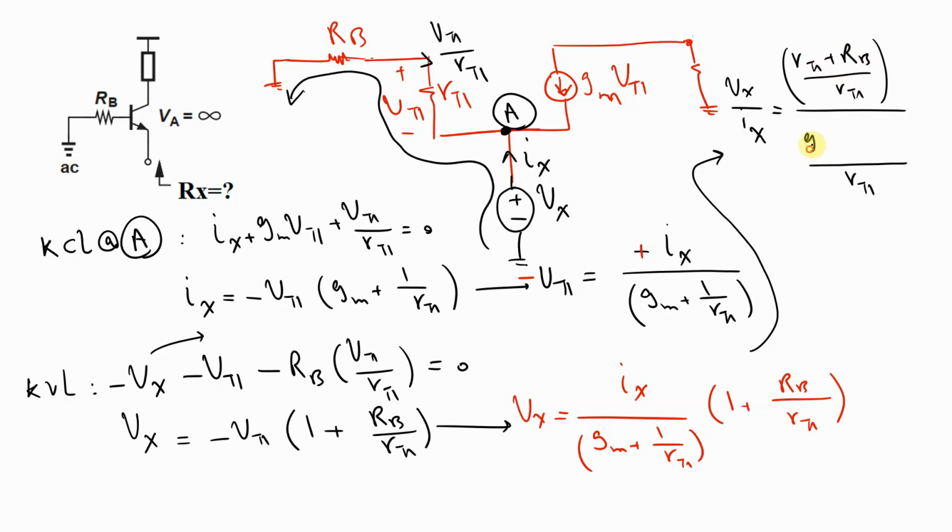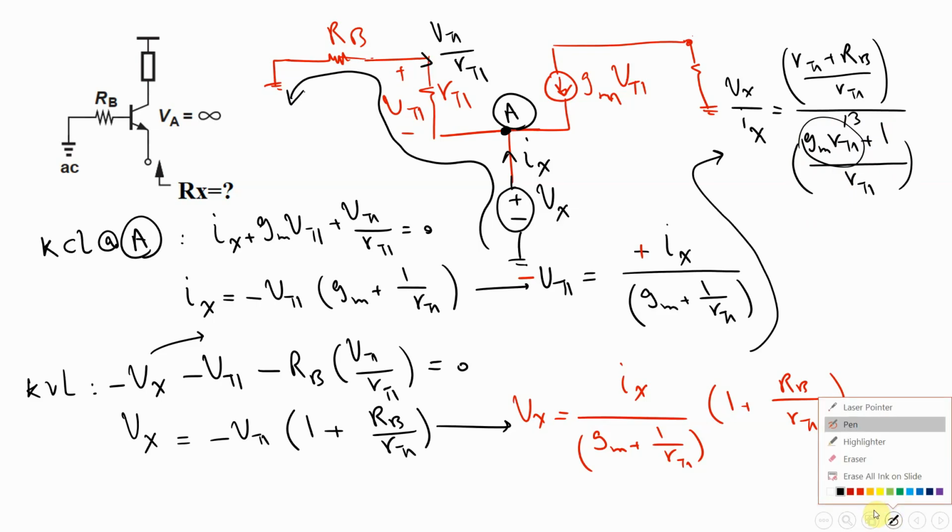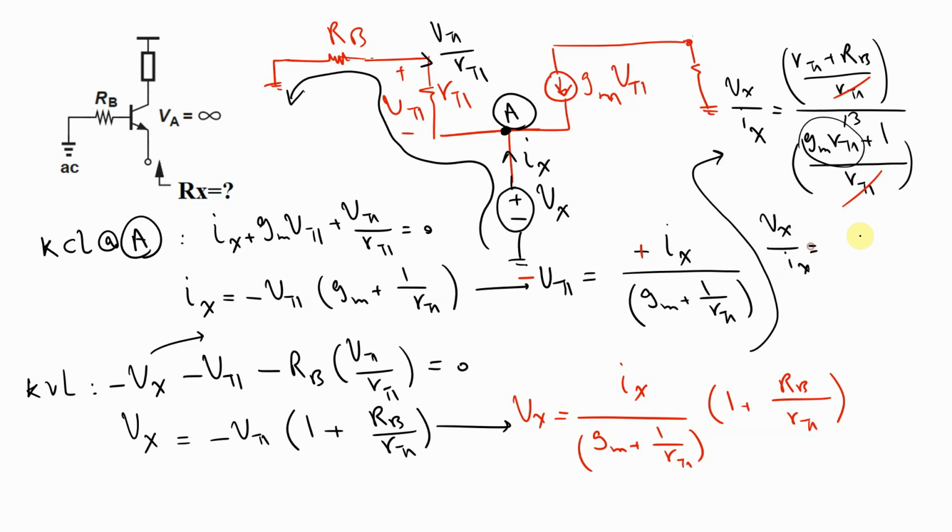Here we have gm R pi plus 1, and if you all remember, this is equal to beta, and you can simplify this expression by crossing out these R pi's. So here we have Vx divided by Ix, which is Rx, equals R pi plus RB divided by 1 plus beta. This is the final expression for Rx.